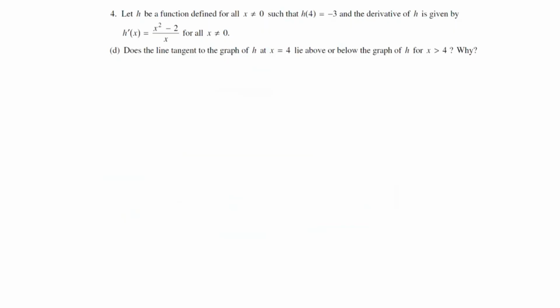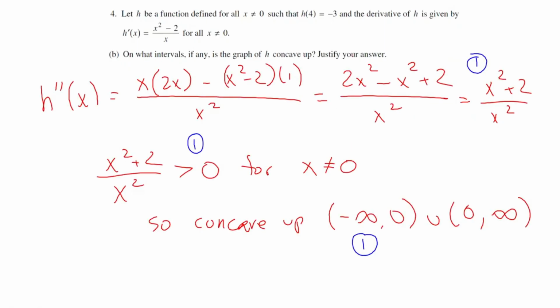And in part D, it says, does that tangent line lie above or below the graph? Well, we already said that h is concave up, right? Well, we said h is concave up for all of these values, right? Everything but 0.